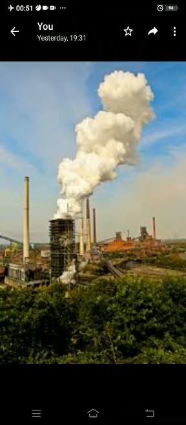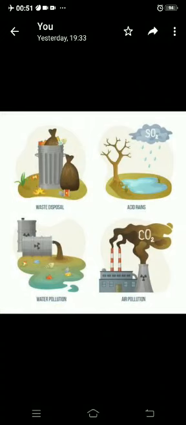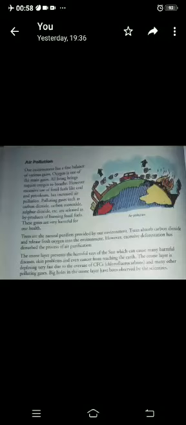There are different types of pollution. Air pollution. Our environment has a fine balance of various gases. Oxygen is one of the main gases. All living beings require oxygen to breathe.